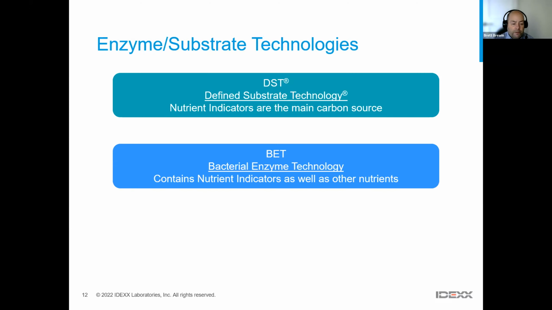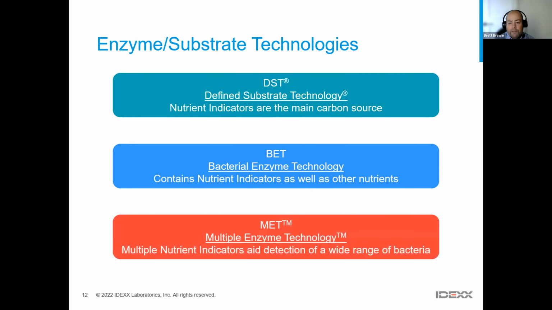These are typically used with fastidious organisms that require some other key nutrients to be able to grow. And then finally, we have multiple enzyme technologies, where we have multiple nutrient indicators, and that allows us to detect a very wide range of bacteria.